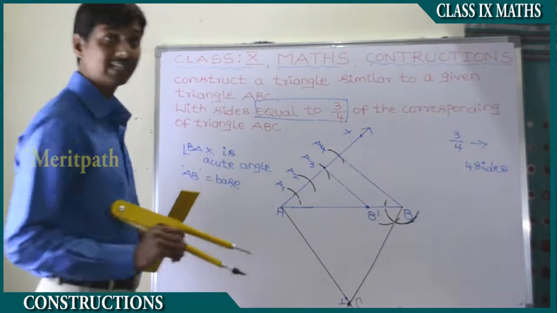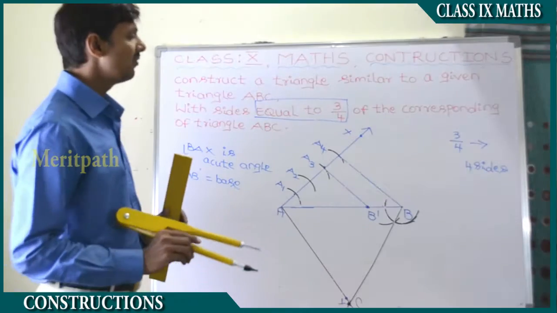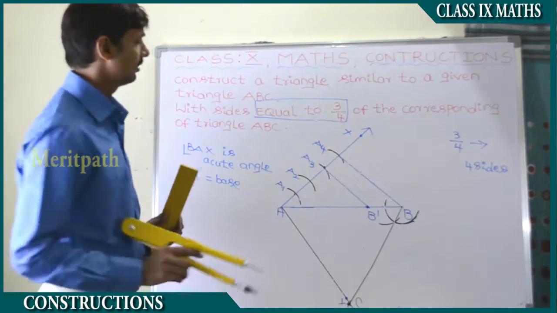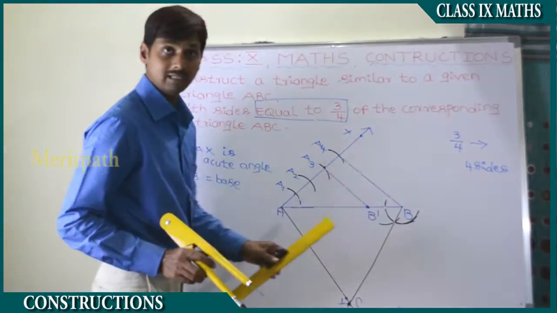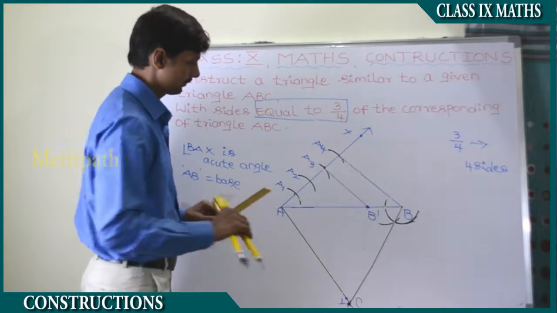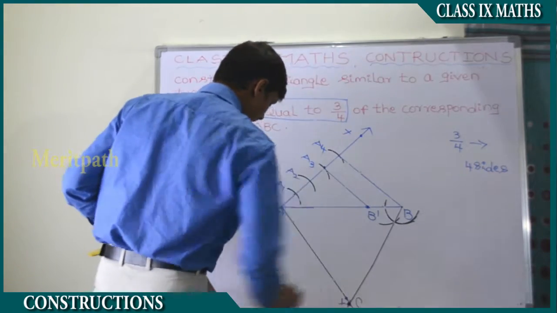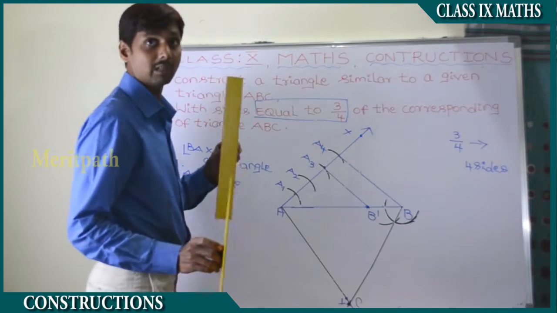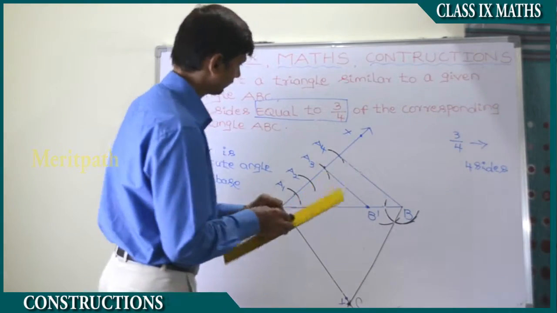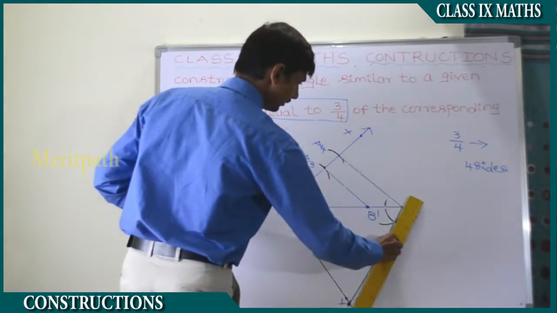As we have taken C, we need to draw a line parallel to BC. So let's take the scale, nothing but the ruler, on BC.